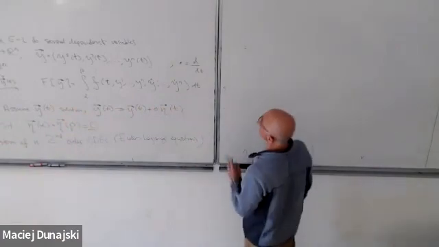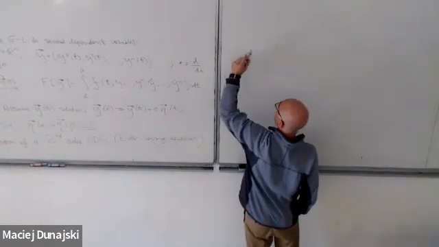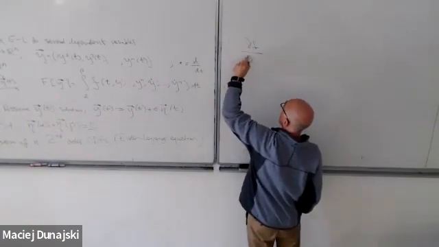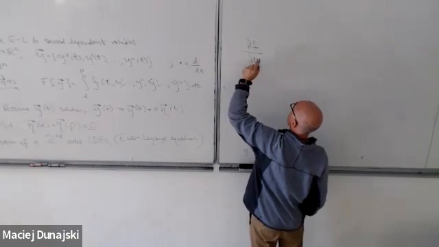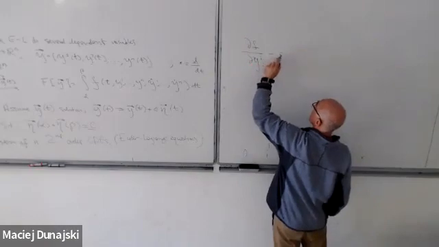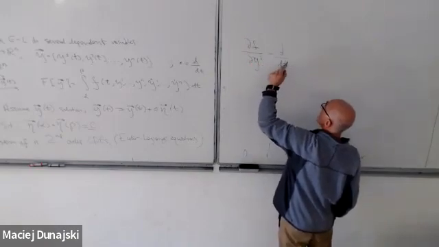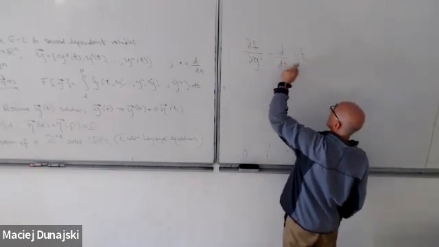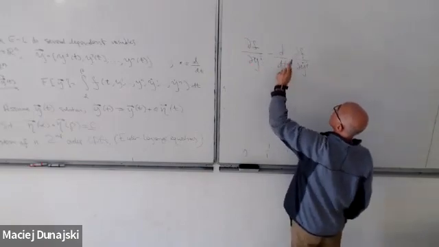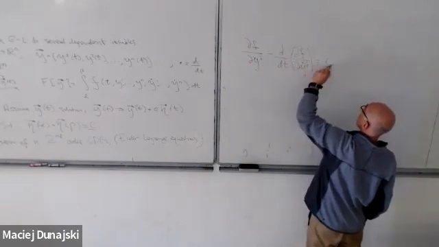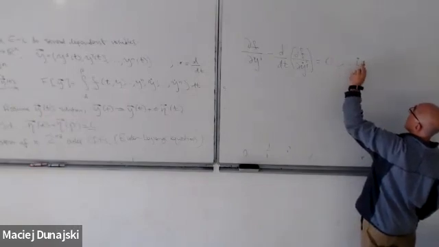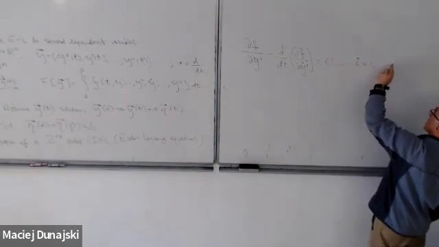And they are the following: df by dy_i minus d by dt of df by dy_i dot equals 0. And here this index i goes between 1 and n.